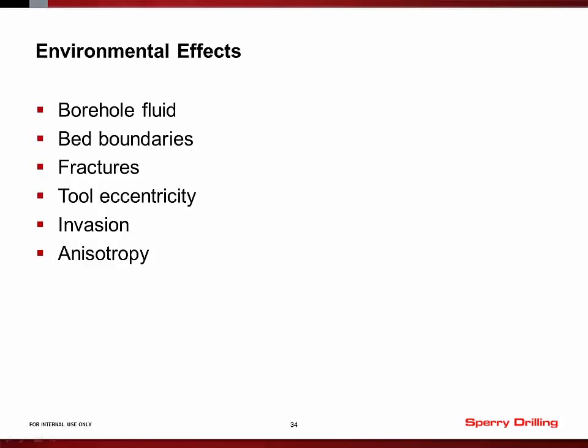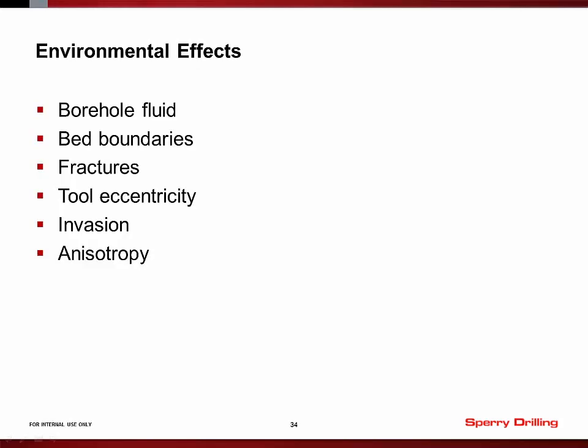So we have to take steps to compensate for the effect of the borehole in order to get the true resistivity of the formation. Bed boundaries can also have an impact. I'll talk a bit more about how that works. When we're close to bed boundaries, the measurements can become distorted, and we need to watch out for that and be aware that that could be happening.